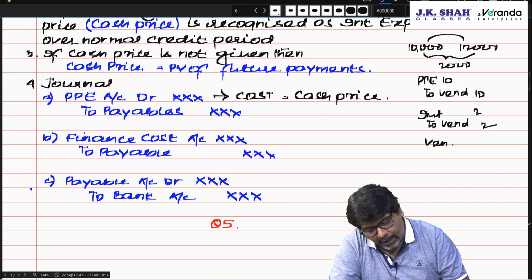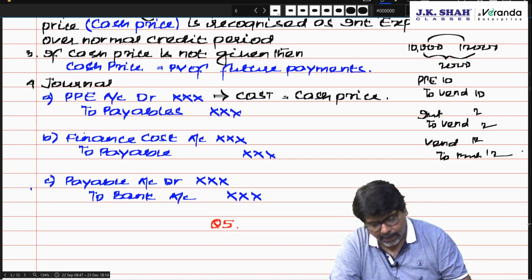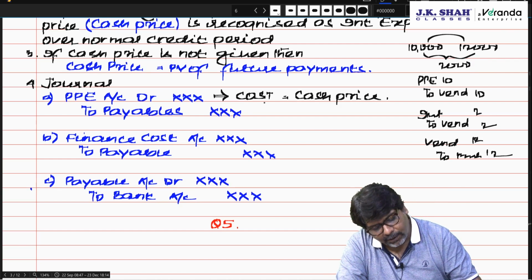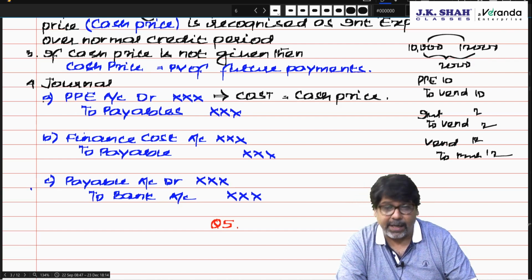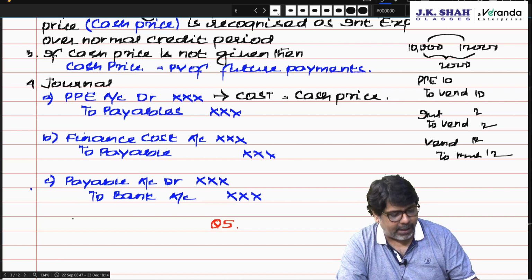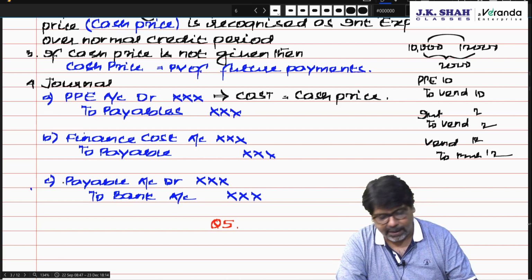Then vendor to bank. Correct? Yes or no? Yes, sir. So that's what I have done. First cost, cash price, payables to trade payables 10,000. Finance cost to payable, that is interest to vendor, and then payable to bank, whatever money we have paid.